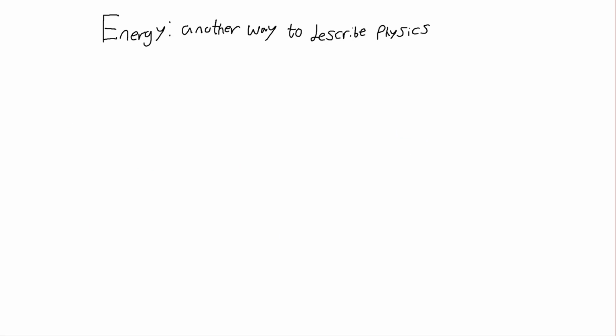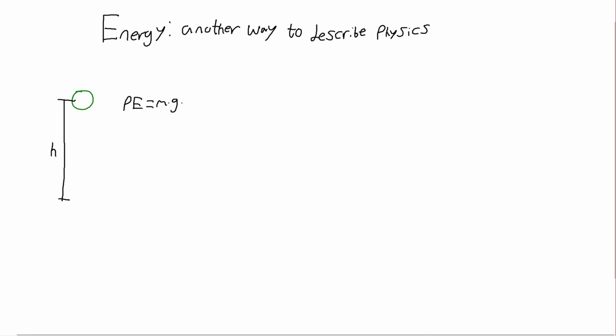But an interesting thing about physics is there's often more than one way to attack a system. Say that we have this ball and it's a distance h off the ground. At the top, the potential energy of this ball is mass times gravity times height. If you drop this ball, once it reaches the bottom, the kinetic energy is 1/2 mv squared, where m is mass and v is velocity.